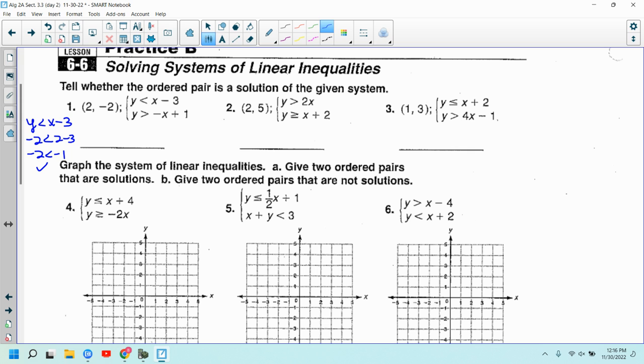That is true. So it works for the first one. All right, Austin, does it work for the second one? No. He says no. So let's take a look. If I plug in -2, is it greater than? So this is -2 is greater than -1. Is that true? No. So this is not a solution. Okay, so not a solution.